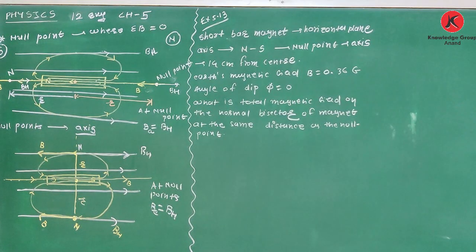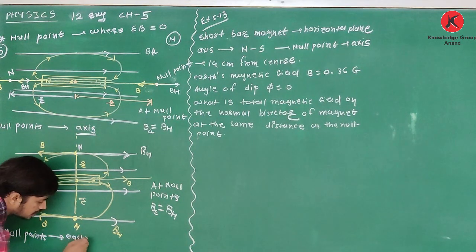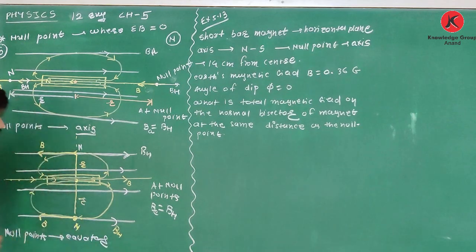So it depends how the magnet is placed. In this case, null points are obtained on axis. In the second case, null points are obtained on equator.